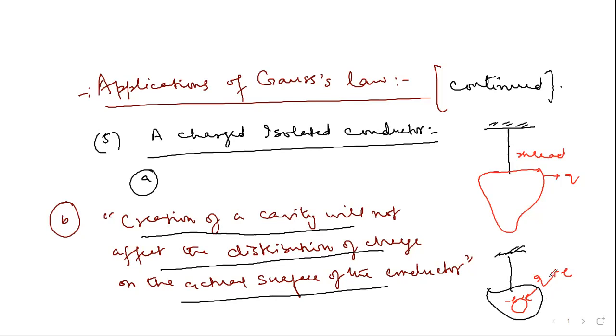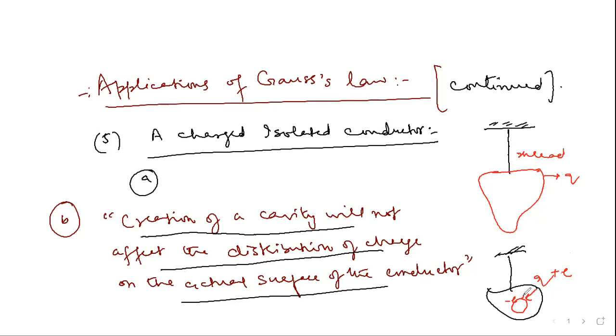If two electrons move from the outer surface to the cavity walls, charge on the outer surface will become Q plus 2E, because two electrons will move, therefore 2E positive charge will appear on the surface, but minus 2E negative charge will appear on the cavity walls. Or the reverse can happen.